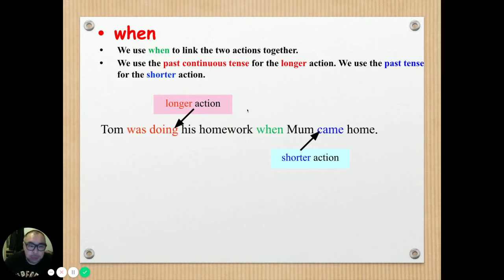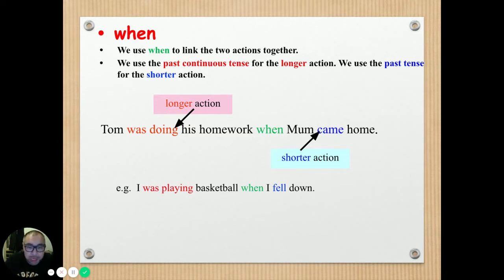And here we have an example. Tim was doing his homework when Mom came home. Now, doing your homework takes maybe half an hour, 1 hour, maybe more. And for your mom to come home takes just 1 second. That's the shorter action. And we put it together with the word when. Okay?